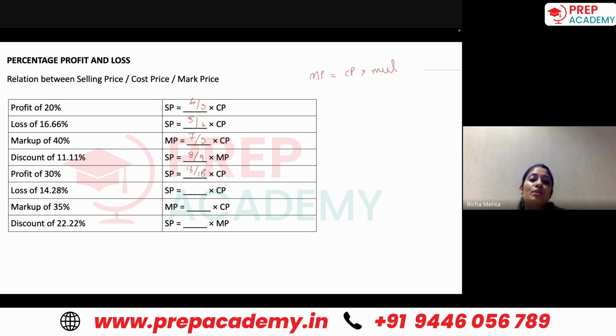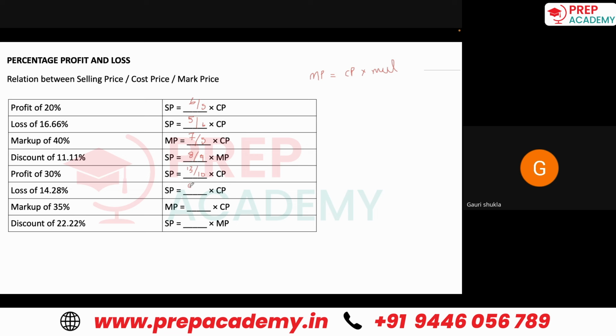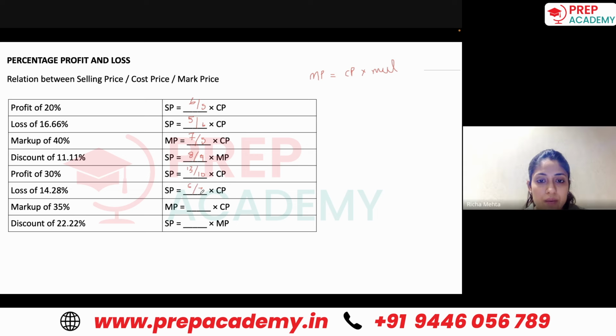Loss of 14.28%. 6/7. Very good. Markup of 35%. So first of all, you will have to calculate what is the fraction of 35%. Now 35% is not something that we have learned in our list, but you know how to convert any percentage to fraction. How do I convert any percentage to fraction?